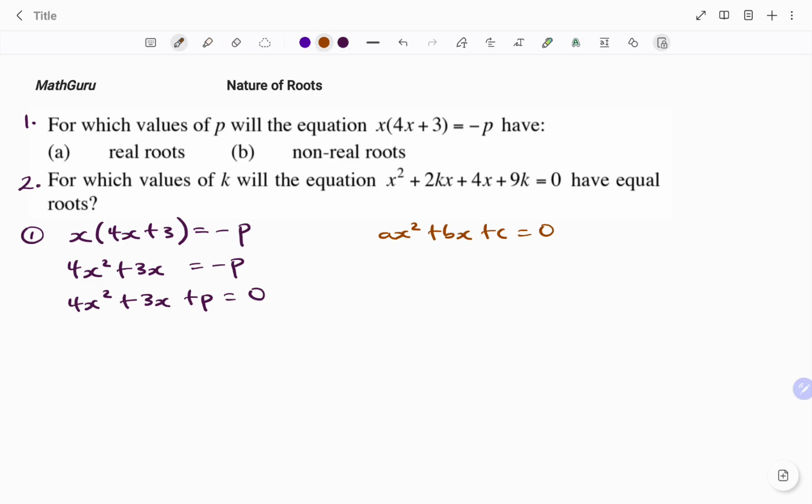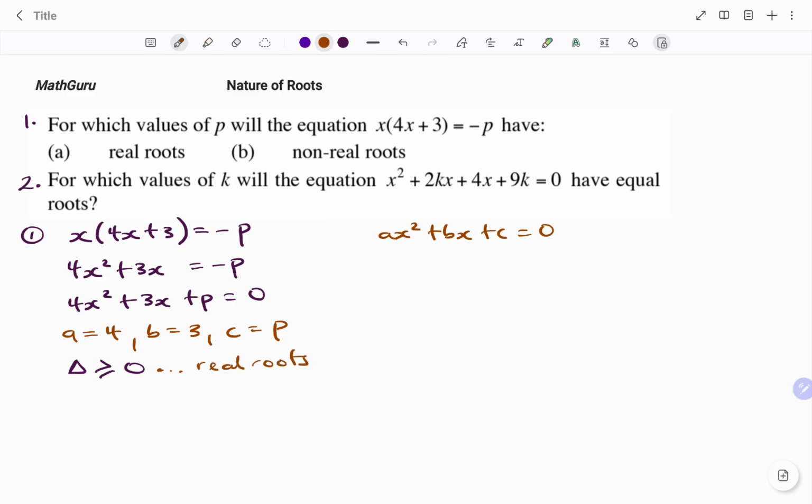After writing in the standard form, I can easily pick the coefficient of x squared, which is the value of a, that's 4. b is the coefficient of x, which is 3, and my c is my constant term, p. For me to have real roots, I need my delta to be greater or equal to 0.